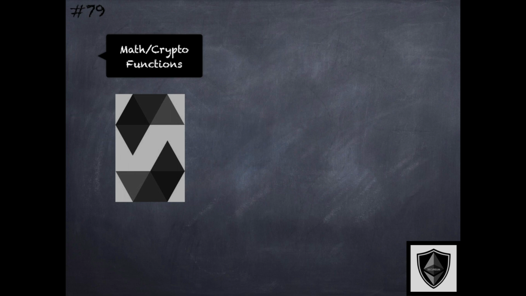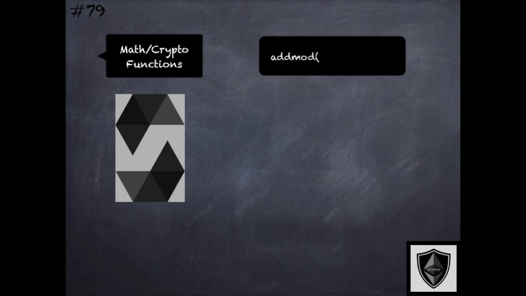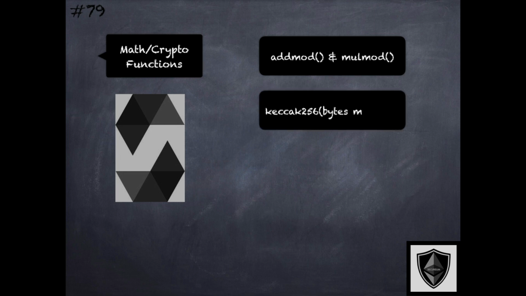Let's now talk about the math and crypto functions supported by Solidity. Solidity supports the addition and multiplication operations with modulus, addmod and mulmod. It obviously supports the Keccak 256 hashing function that is really fundamental to Ethereum and used extensively within multiple aspects of Ethereum and within the smart contracts themselves.